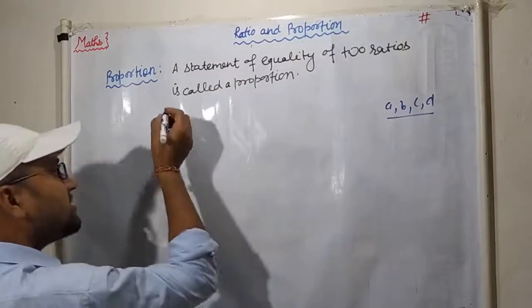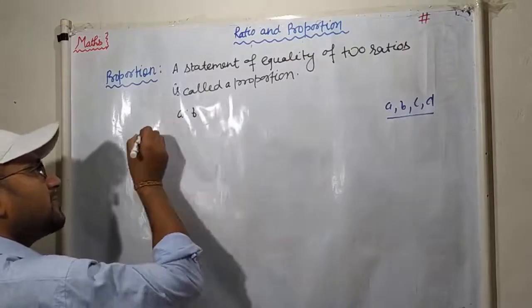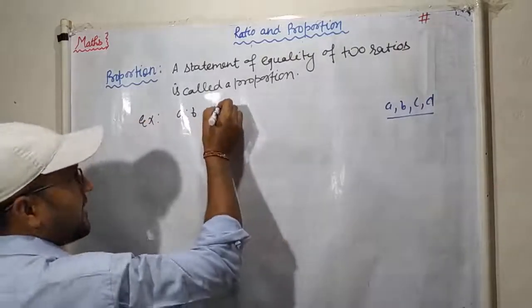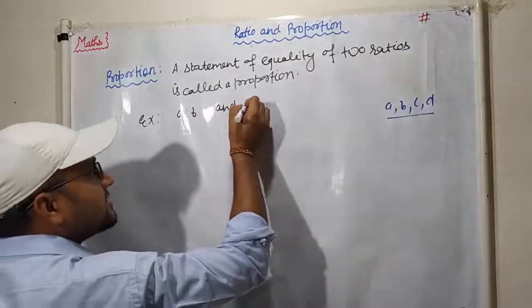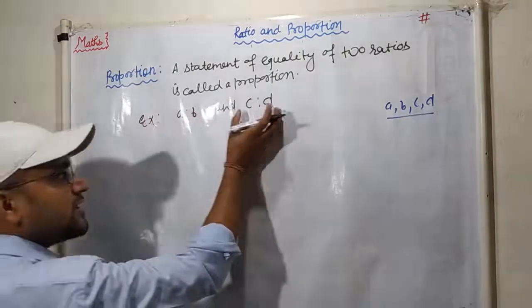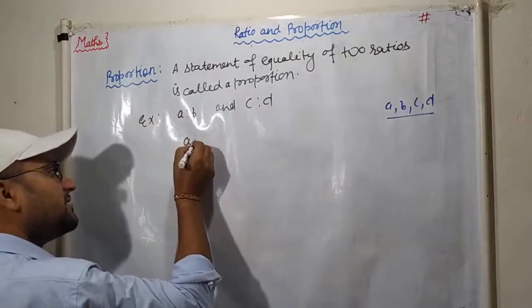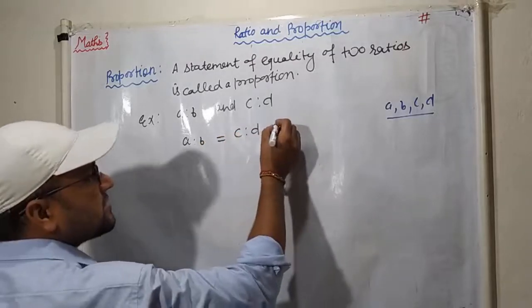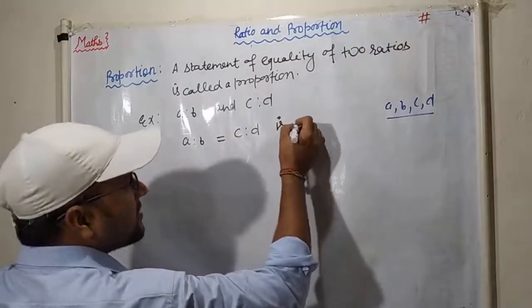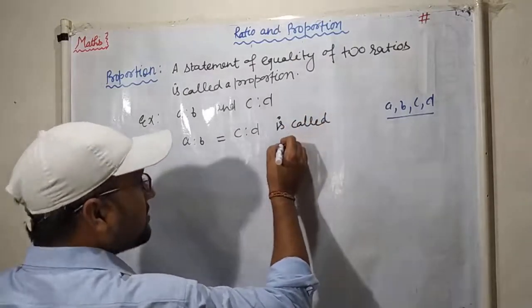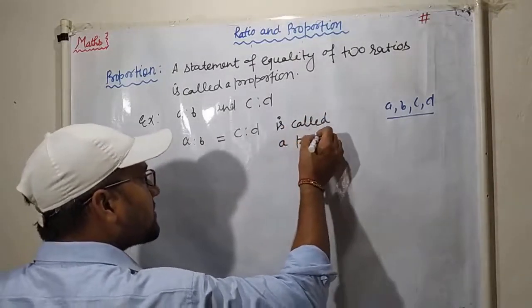Suppose the first ratio is A is to B, and the second one is C is to D. The equality of two ratios, A is to B is equal to C is to D, is known as a proportion.